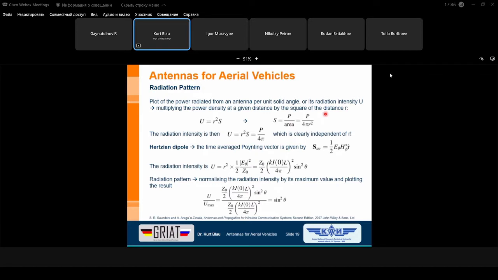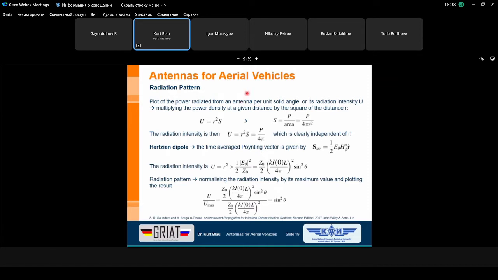First of all, like in the last lecture, I tried to make a short summary of what we have discussed in our last lesson. We started with thinking about how we can determine the radiation pattern of an antenna.